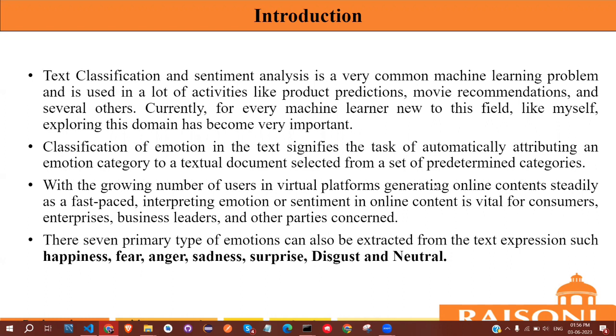Classification of emotion in text has become very important. The task is automatically attributing an emotional categorization to textual documents from predetermined categories. So we can predict emotions in the categories happiness, fear, anger, sadness, surprise, disgust, and neutral.